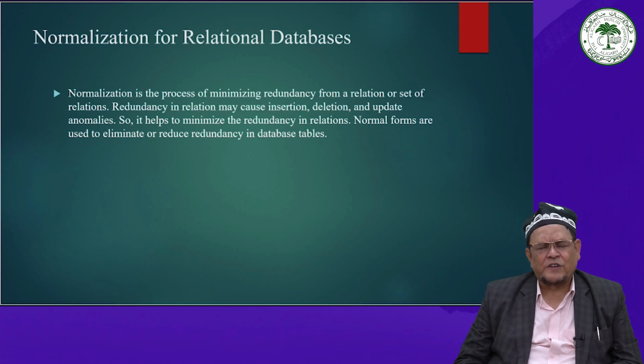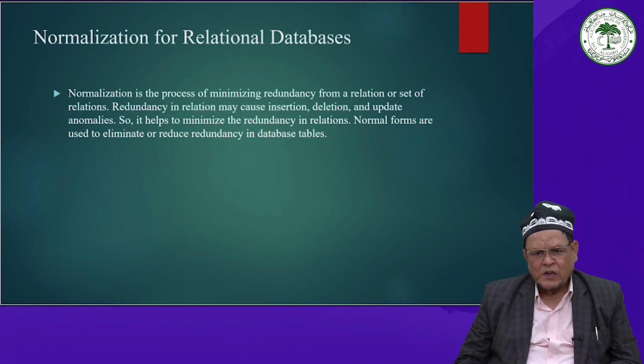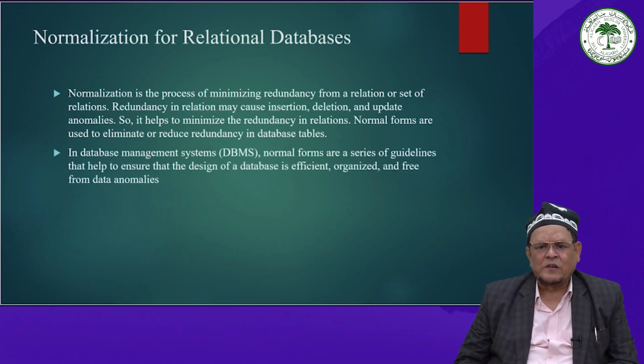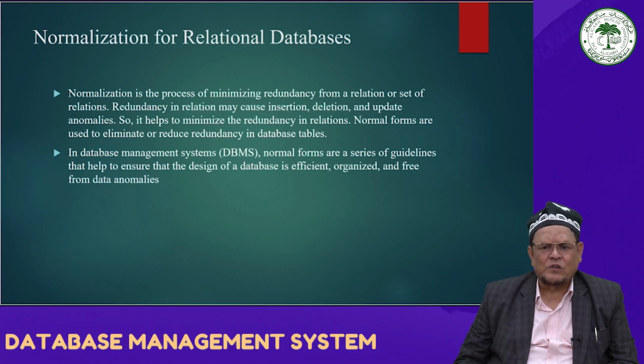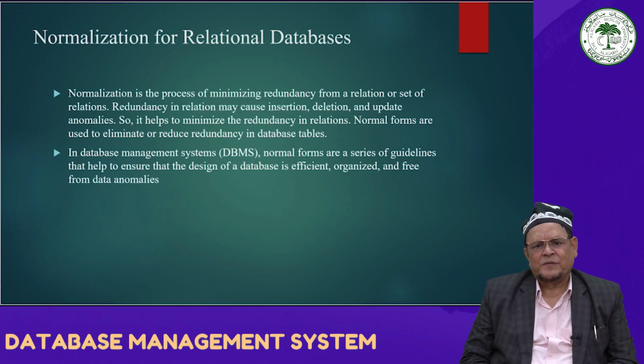Normalization is a crucial process in database management systems aimed at optimizing the structure of a relational database to enhance data integrity and minimize redundancy. It involves organizing tables and their attributes in a systematic manner to ensure efficient data storage and retrieval. The process follows a series of normal forms, each addressing specific issues related to data redundancy and data dependency.